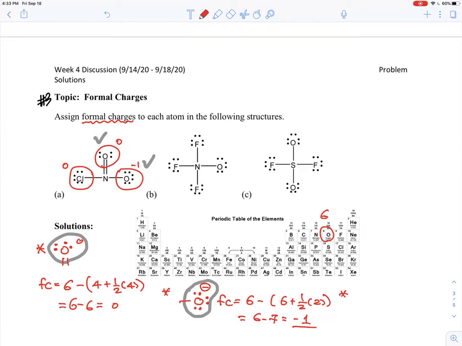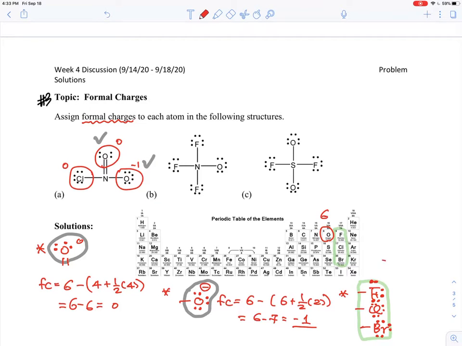And the next one that is very useful here is something like a halogen: fluorine, chlorine, bromine. If they are halogens, then naturally, to satisfy the octet rule, you're going to make sure they have 3 lone pairs, 6 lone pair electrons.